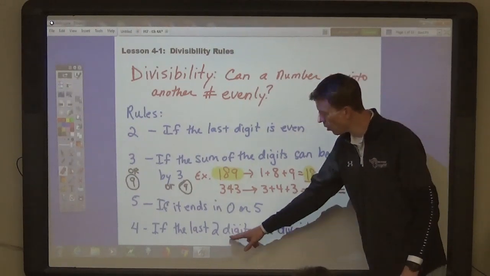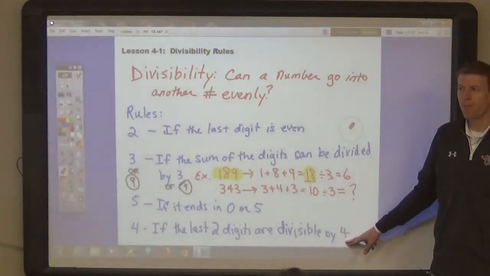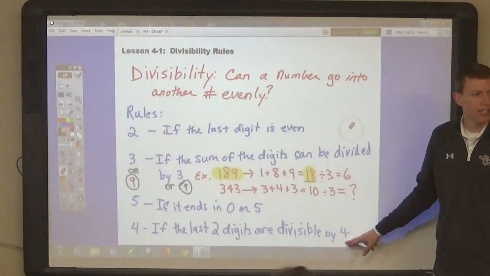And then the rule for 4. The rule for 4 is if the last 2 digits are divisible by 4.